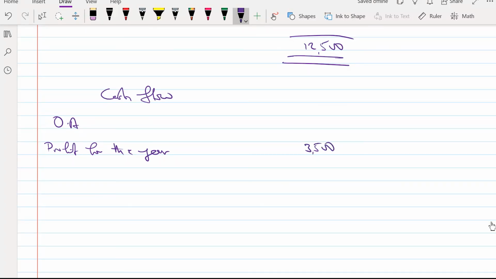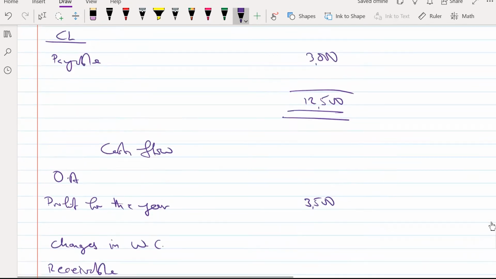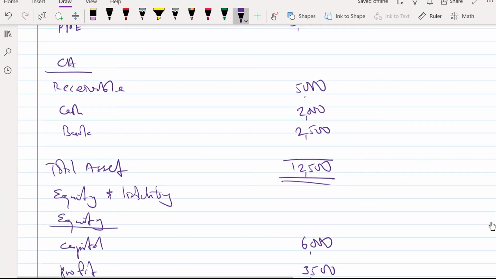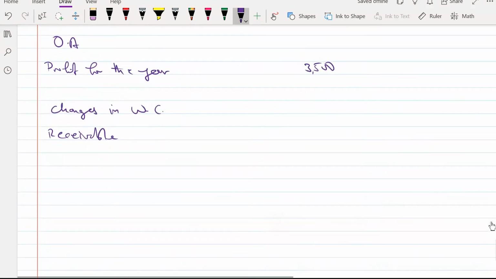Then, of course, there's nothing to add back except for our changes in working capital, since we didn't have depreciation and all sorts. In changes in working capital, we don't have inventory. What we have is receivable. Now, receivable will come as a negative figure here, because we have our customers owing us 5,000.